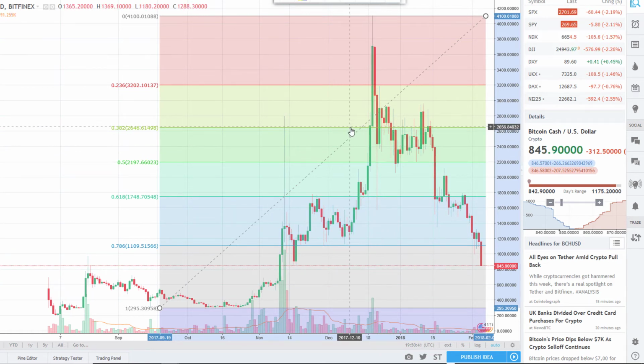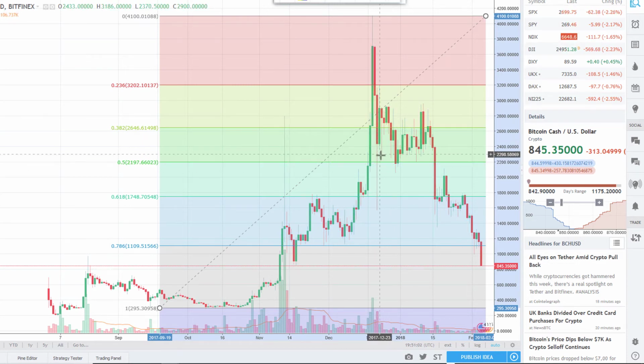Perhaps the 38.2% level is going to be tricky. Well, it seemed to be an area that it hung around. It went through this first level, it then even went through the 38.2, but then it went up above it.